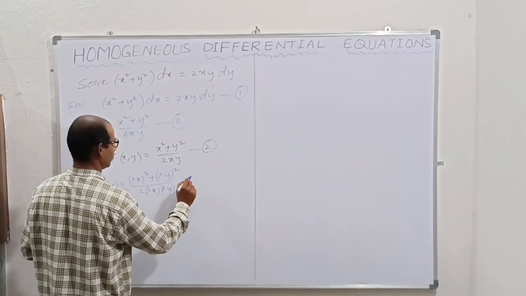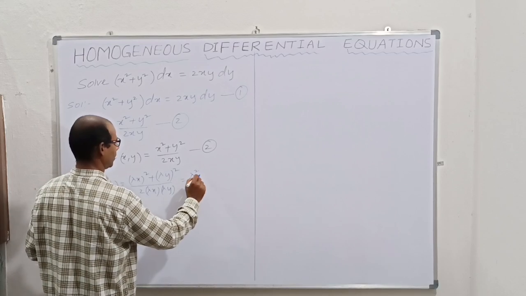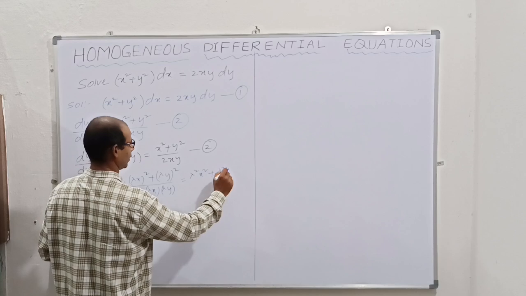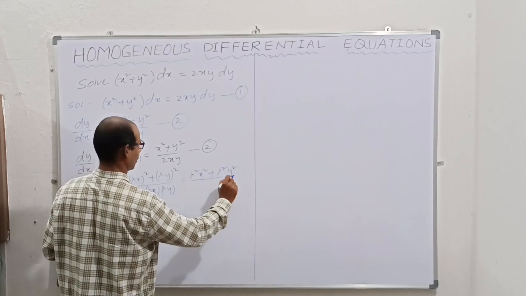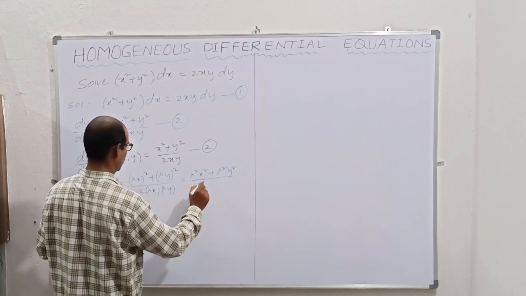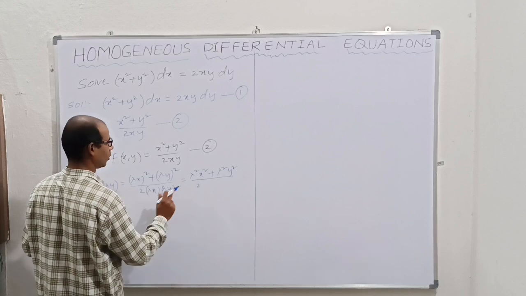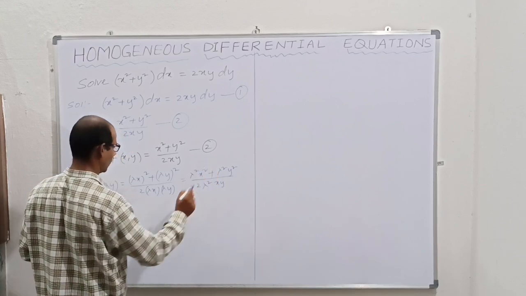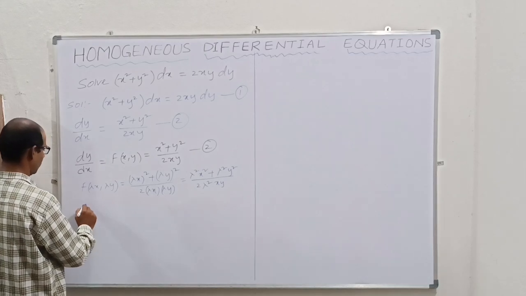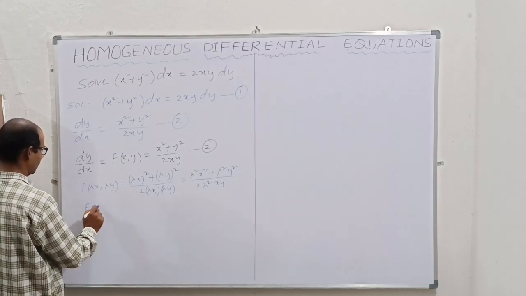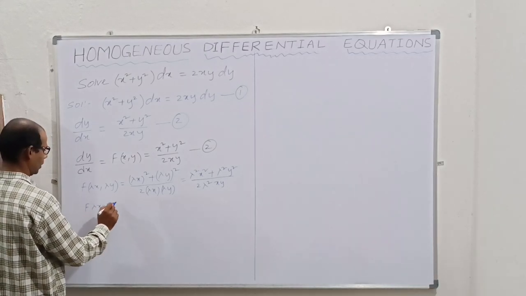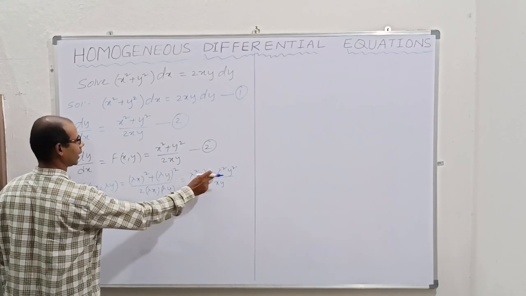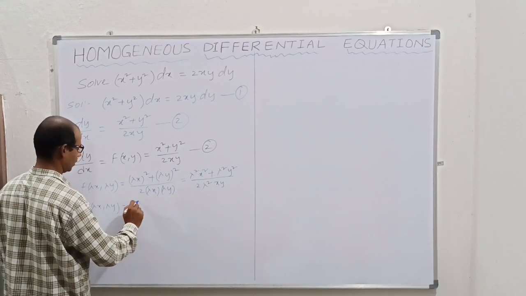So this is equal to lambda square x square plus lambda square y square upon 2 lambda into lambda, lambda square xy.